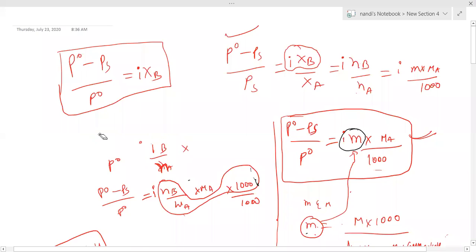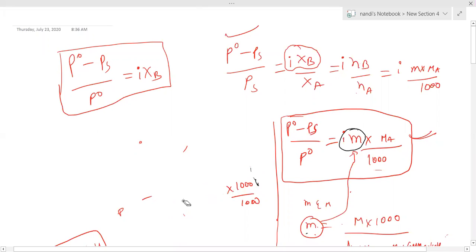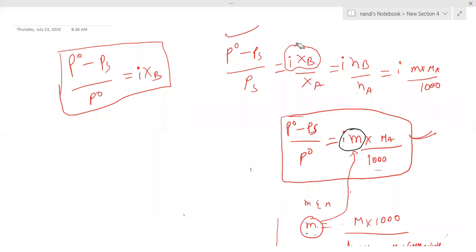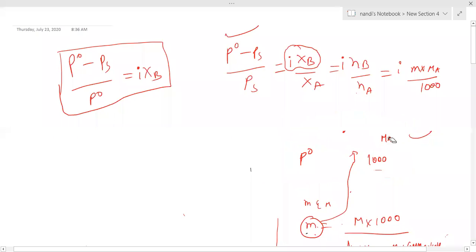If there is any voice disturbance, let me know whether we are getting it clearly. If there is any disturbance, let me know.